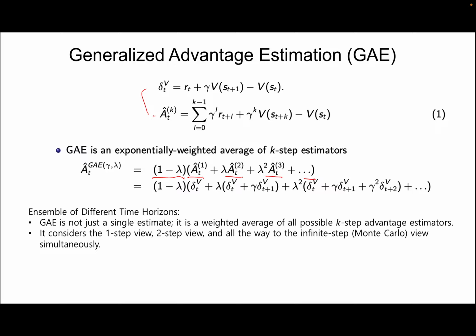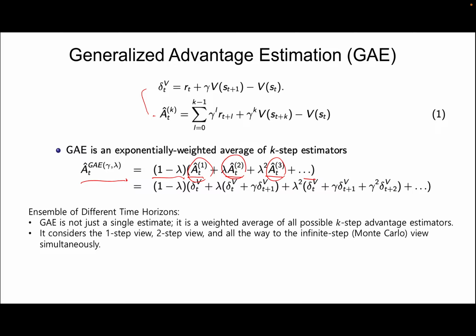So there are multiple n steps: n equals 1, 2, 3, 4, up to infinity. We use all these n-step estimators, take them into account, exponentially weight all their returns, and then average them. That becomes GAE.